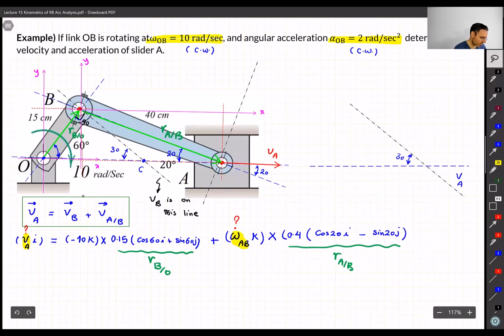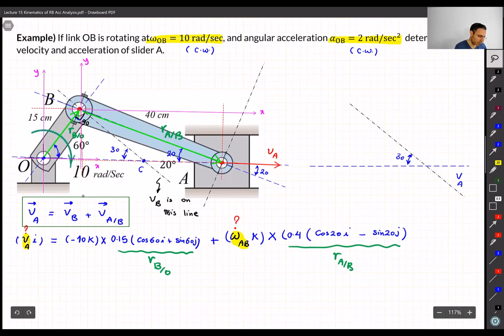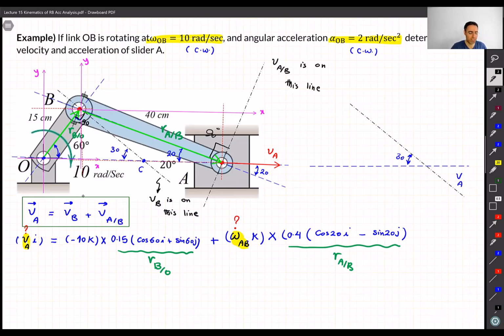Let me draw it better. So this angle is 90 degrees, and VA with respect to B is on this line. At this moment, of course it changes, but at this moment it's on this line. So I draw the same line here.